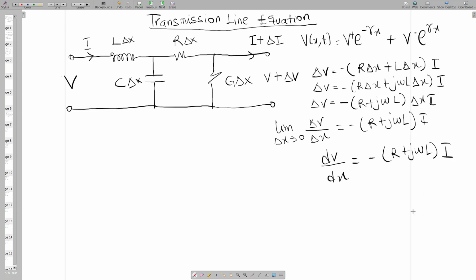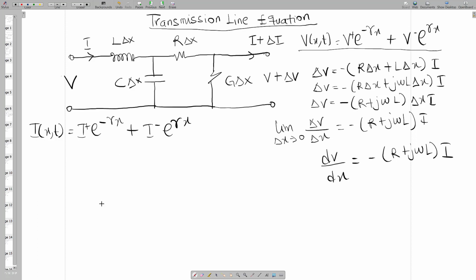So we had this equation in terms of the voltage, and we proved that the voltage was this equation up here. If you want to use it in terms of current, we can see that I, the current in terms of space and time, will also be I plus e to the minus gamma x plus I minus e to the positive gamma x.